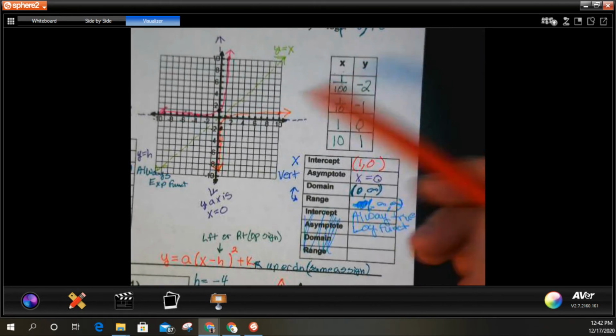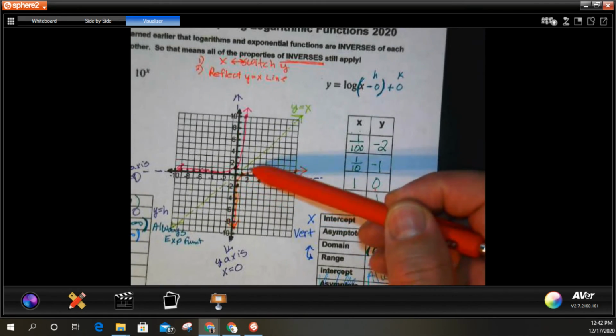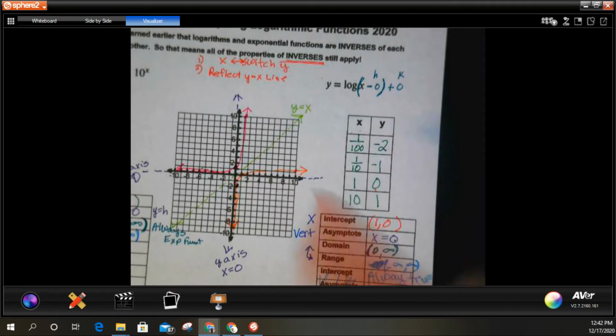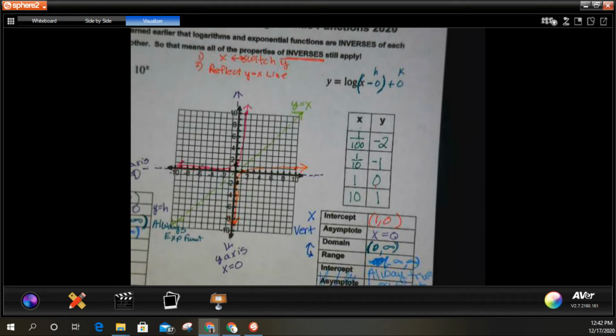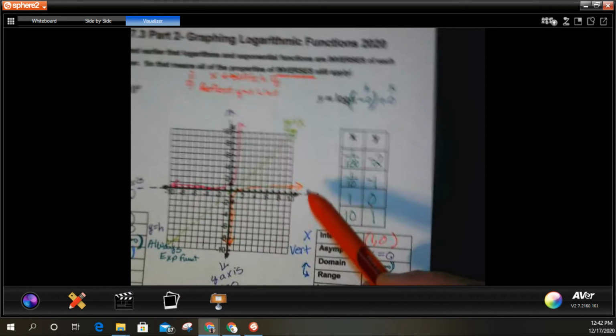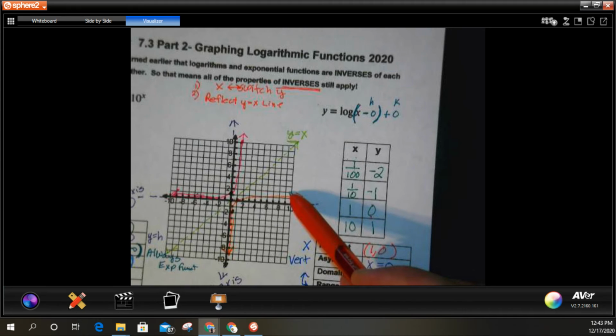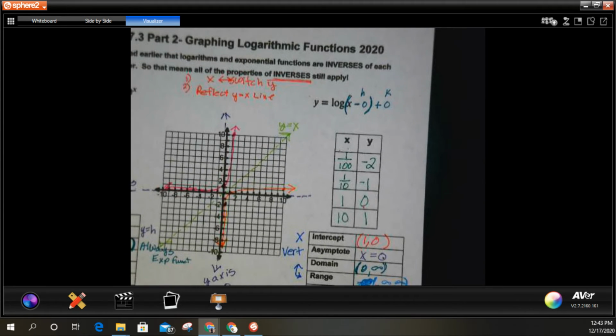And if it's -4 here, I'm shifting to the left 4. 1, 2, 3, 4. That's the only shift we have. Same with our point 10, comma 1. So my 10, comma 1 is going to shift 4. 1, 2, 3, 4. It's now at 6, comma 1.